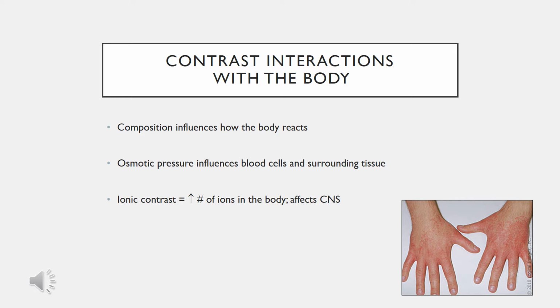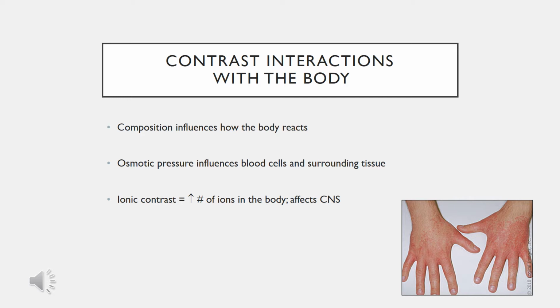The composition of the contrast, so the osmolality, toxicity, concentration, and viscosity, all influence how the body reacts to it. The osmolality affects the tissue response to the osmotic pressure. So the higher osmolality may cause blood cells to actually dehydrate.